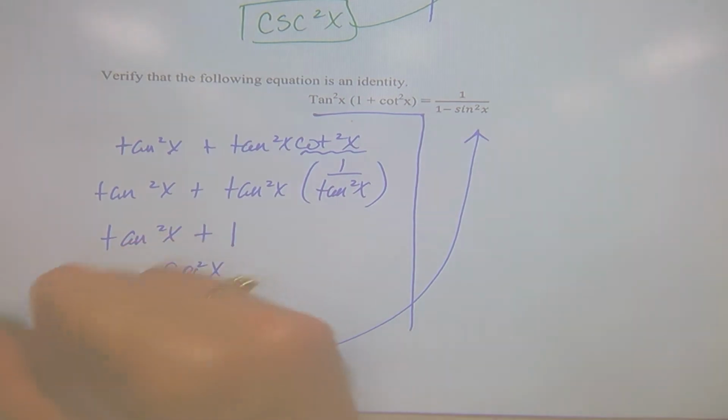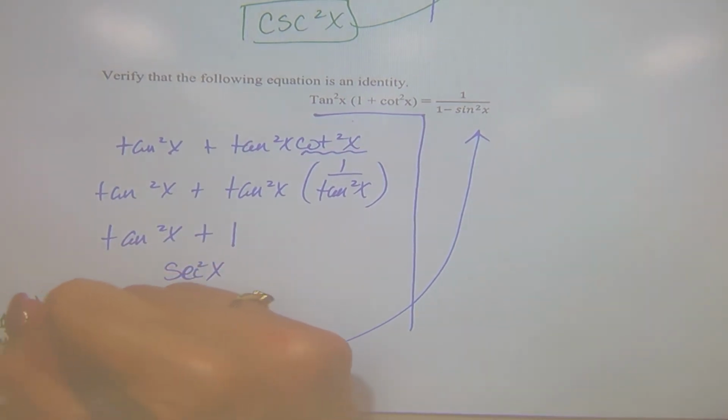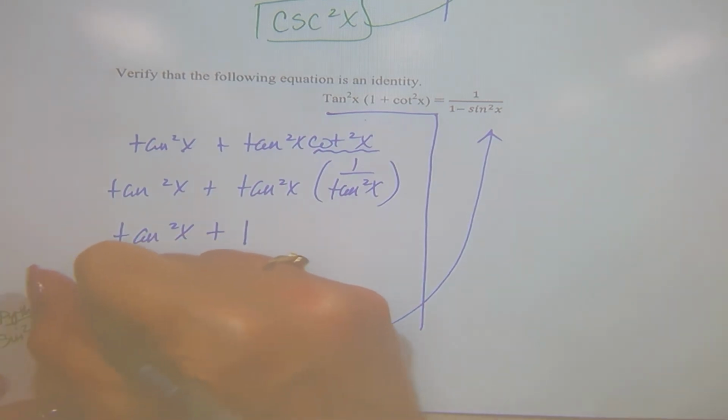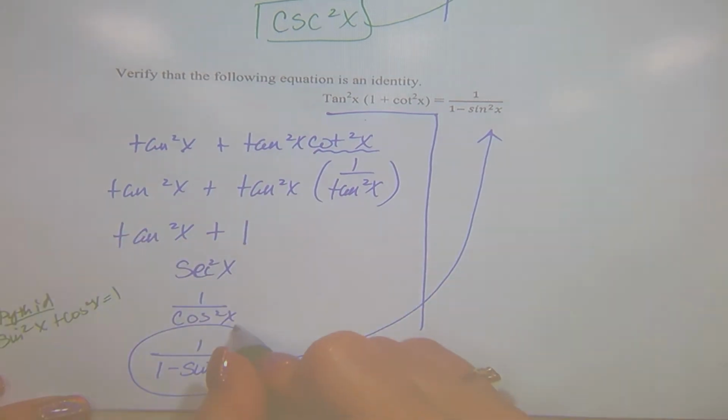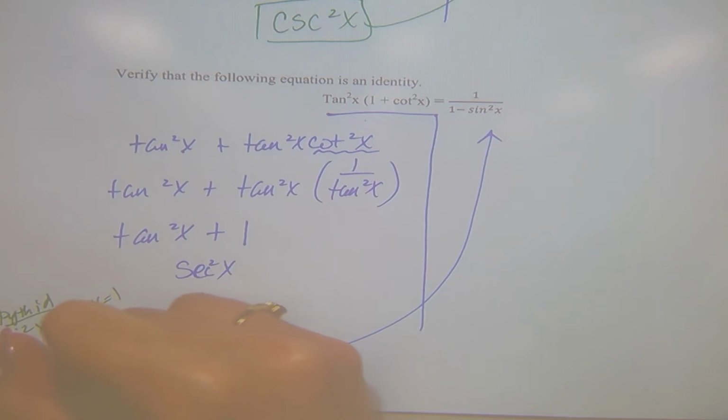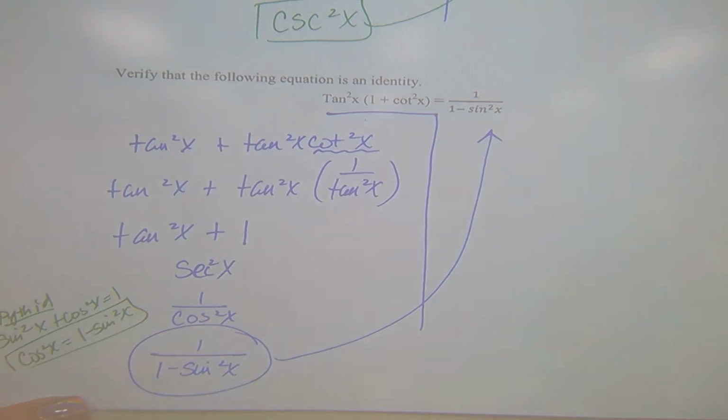You need to see that Pythagorean identity that I used, sine square x plus cosine square x equals 1. I've got cosine square x, so cosine square x is the same thing as 1 minus sine square x. There's my substitution. So I take that out and I put the other side in.